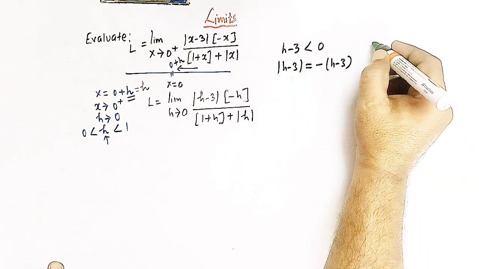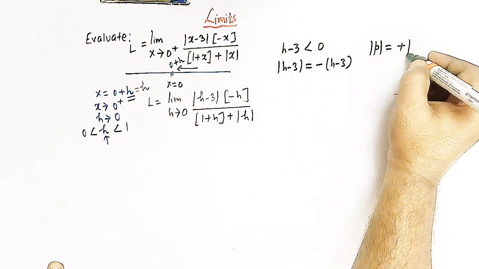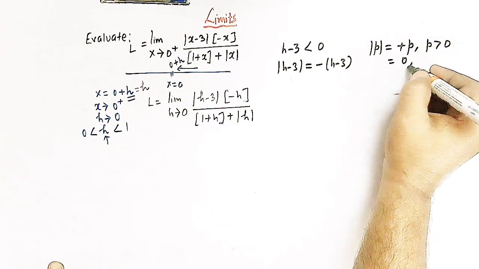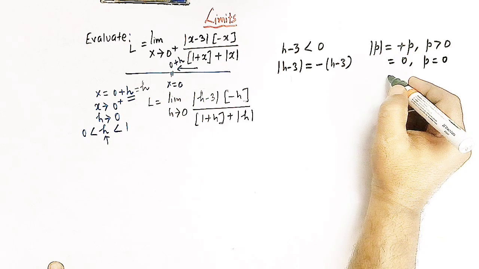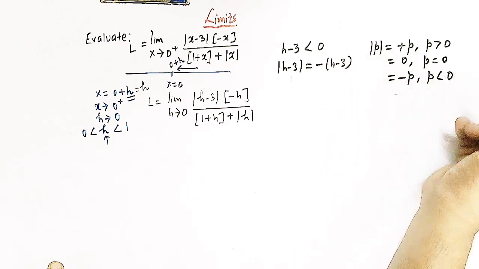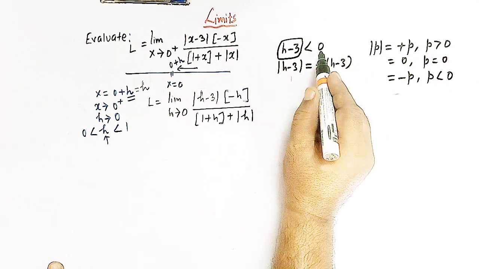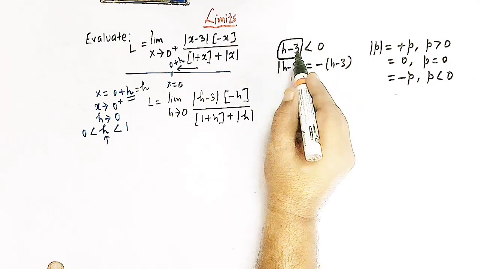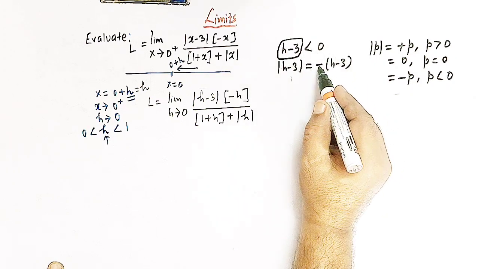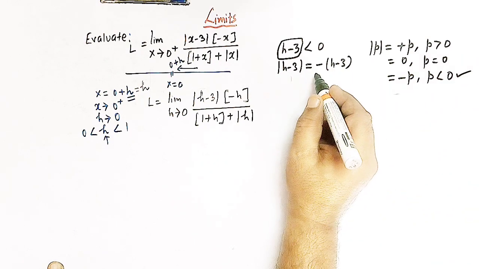So here we have used the definition of mod function, that is mod of p is positive p whenever p is greater than 0, mod of p is 0 when p is equal to 0, and mod of p is negative p when p is less than 0. So here this quantity, that is h minus 3, is less than 0 because h is less than 3, right? So mod of h minus 3 is equal to negative of h minus 3 due to this definition, right?